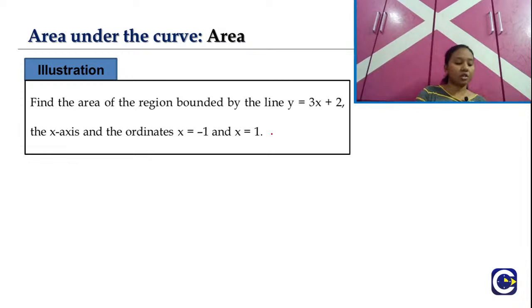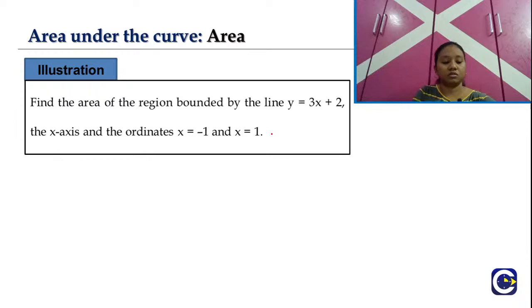So let's draw the figure first. That is your line y equal to 3x plus 2. Once you are able to plot the graph, that will be enough.